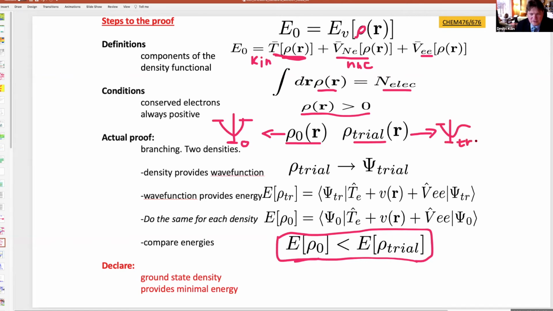So this possibility to convert density into wave function follows from the first theorem. So since density determines everything, it also determines wave function, right? Yes or no?